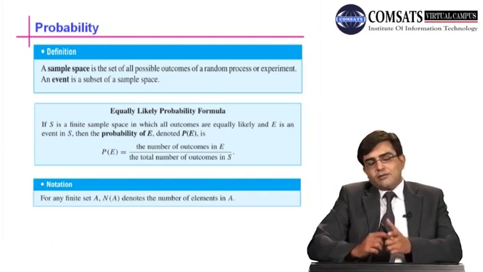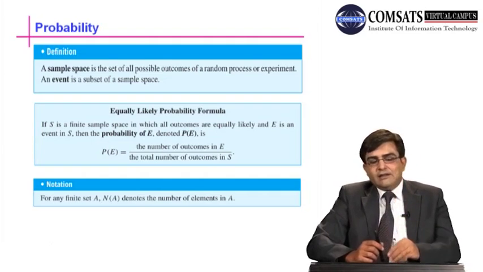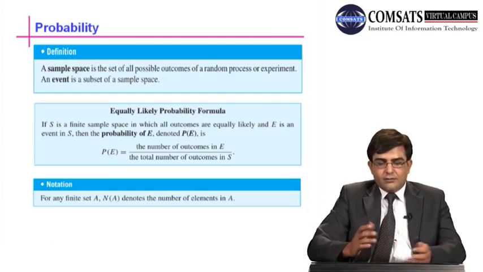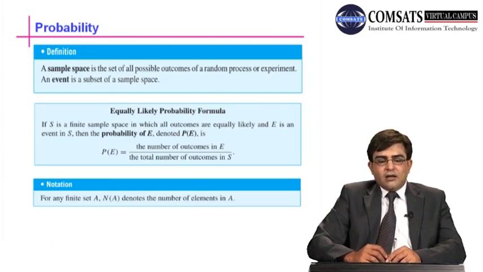Such type of problems we deal with in probability, and I shall explain probability with the help of such examples. So before starting probability, we have to define some basic definitions.